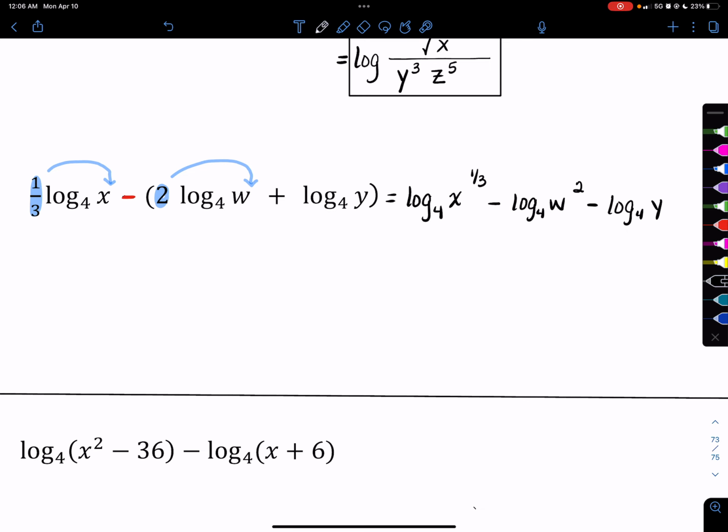Okay, now that I've moved the powers over, addressing that power rule, now I'm going to go ahead and write it as one term.